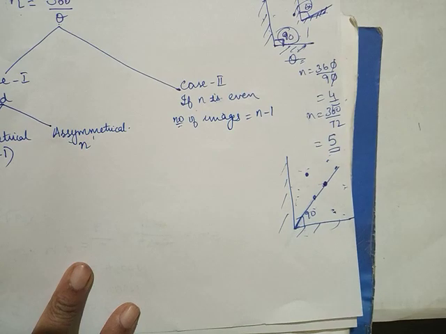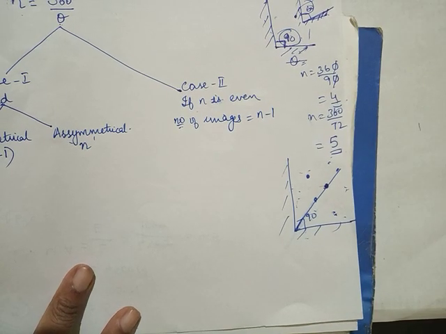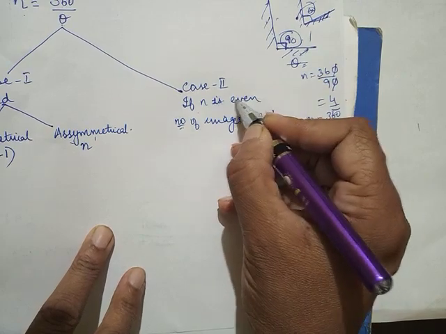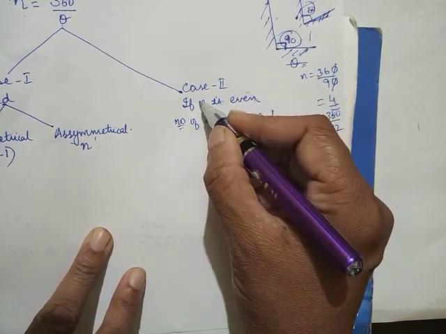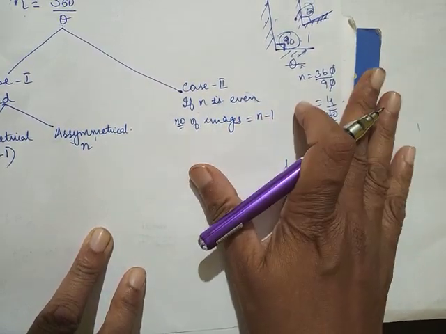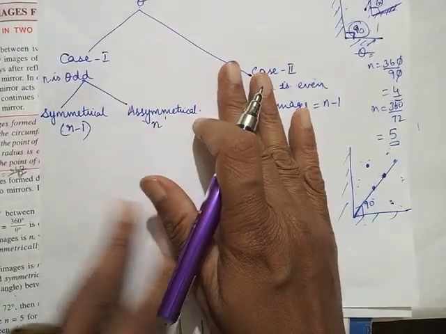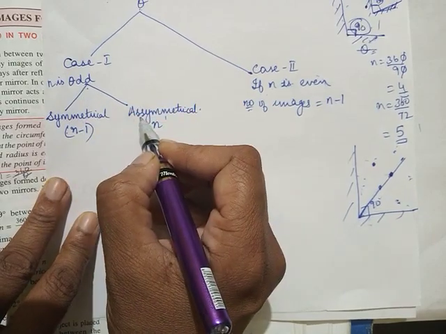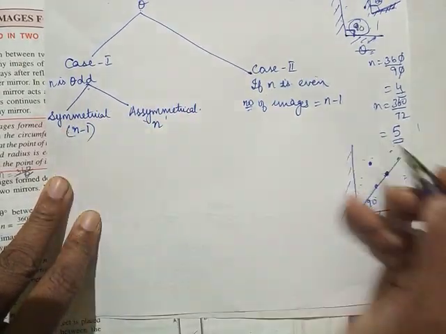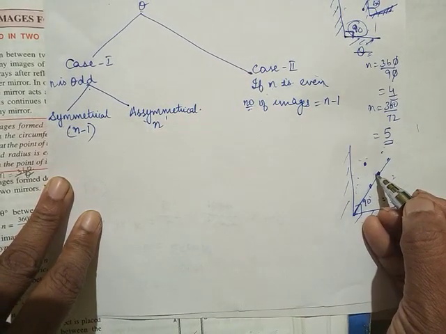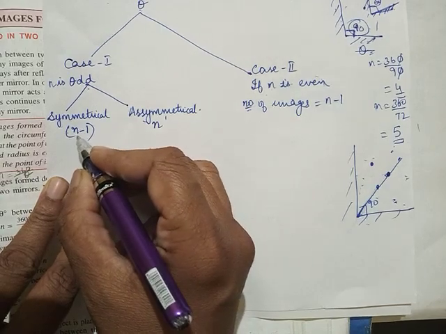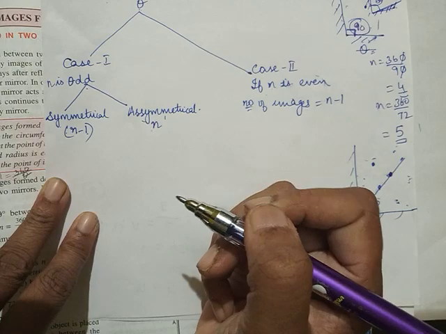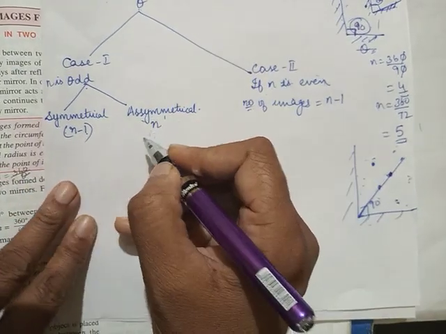Mostly the number of images will be an odd number, so even if you get an even n, you always subtract 1. But if you get n as an odd number, then again there are two possibilities. If the object was kept symmetrical, the number of images will be n minus 1. If it is kept asymmetrical, then it will be only n.